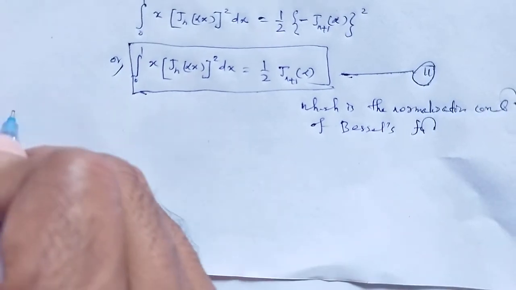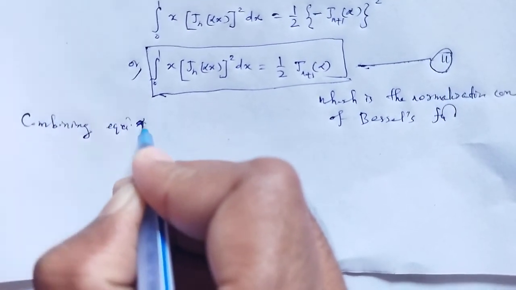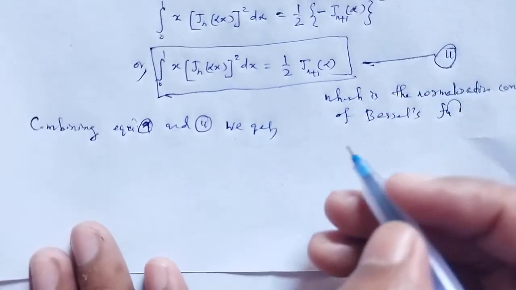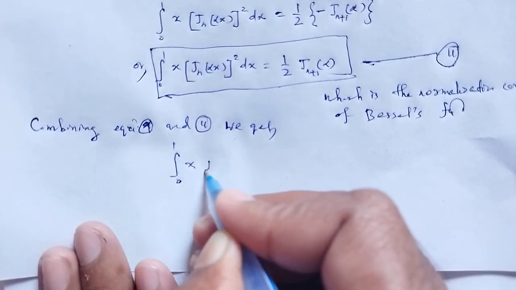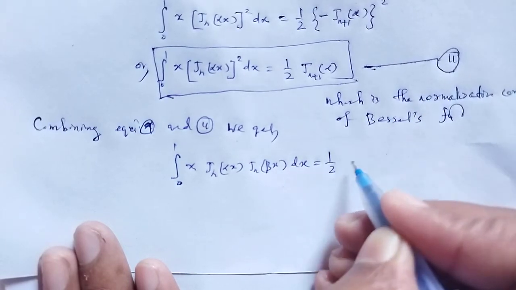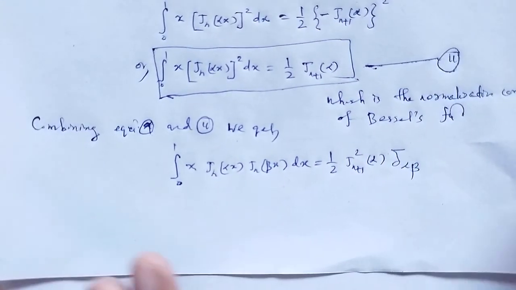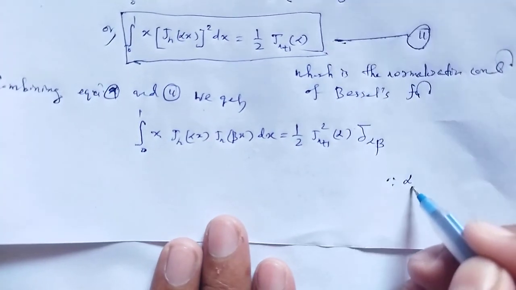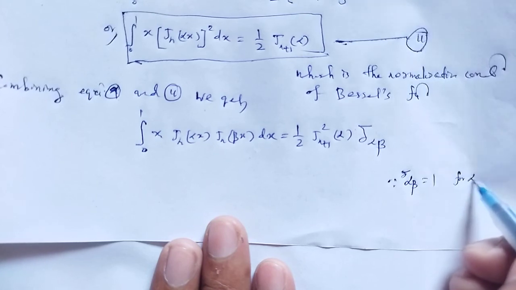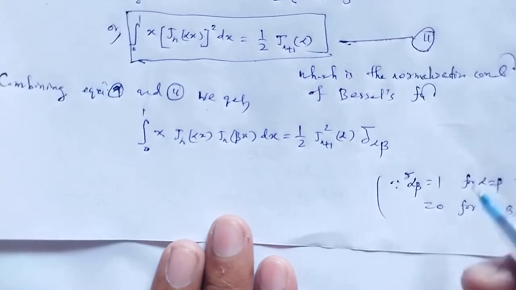Combining equations 9 and 11, we get integration from 0 to 1 x Jn alpha x Jn beta x dx is equal to half Jn plus 1 square alpha delta of alpha beta, whereas delta of alpha beta is the Kronecker delta function and we know delta of alpha beta is equal to 1 when alpha is equal to beta, and it will be 0 for alpha is not equal to beta.